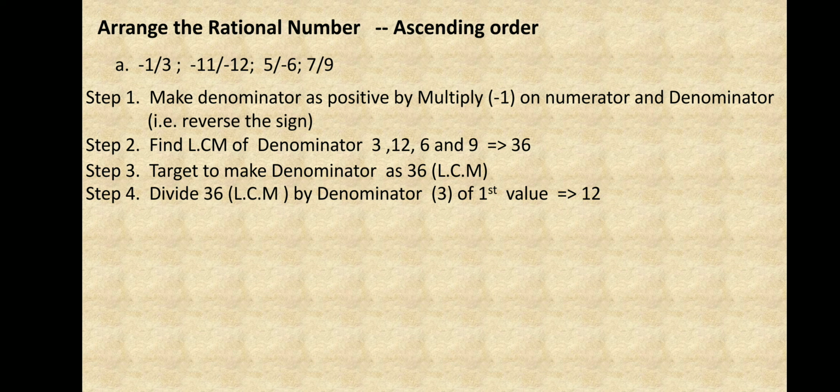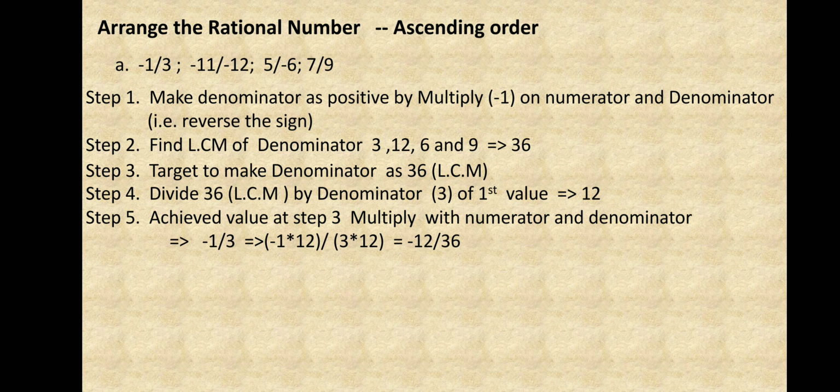Okay, and at step 4 you have to divide this 36 by the denominator 3, which is the first value. And what do you get? You get 12. So multiply the value achieved at step 3 with the numerator and denominator. You have minus 1 by 3, so minus 1 will be multiplied by 12, and 3 will also be multiplied by 12. So what's the answer you get? Minus 12 by 36.